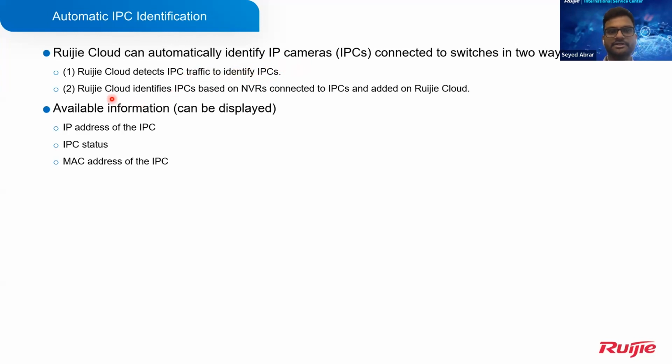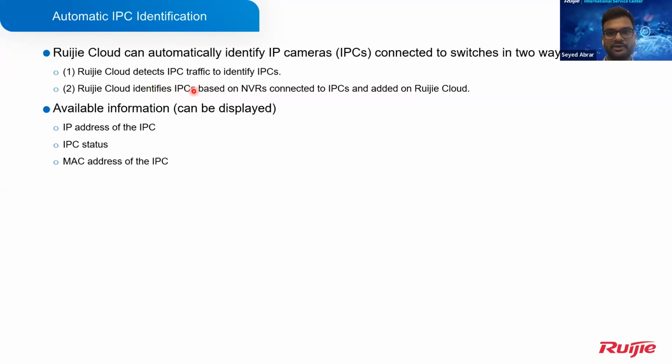The second identification is through the NVRs, because we have to configure the NVR, and we'll come to know that by logging into it. Then you can add the NVR into the Reyee Cloud.